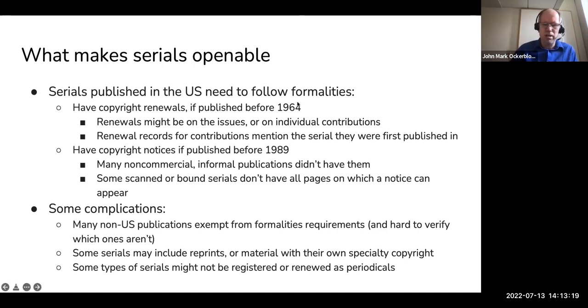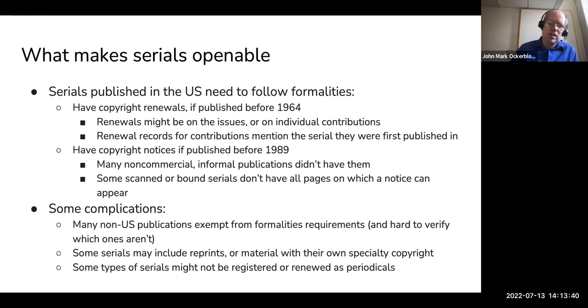That complicates matters somewhat. Fortunately, things are simplified somewhat in that the renewal records for the contributions mention the serial that they were first published in. And we use that to help build a knowledge base that you could rely on more thoroughly than having to review or research every individual contribution by itself.